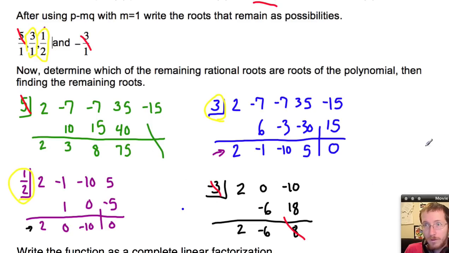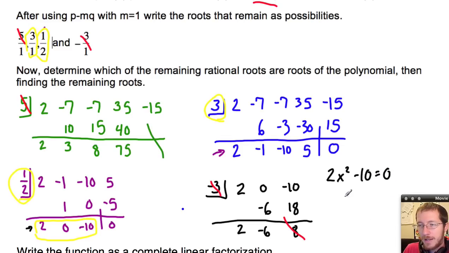So, since this was a polynomial of degree 4, now there should be 2 more roots. So let's take the simplest form of our function and set up an equation. We know that if this is our constant, this is our linear term, this is our quadratic term, we're going to have 2x squared minus 10 equals 0.